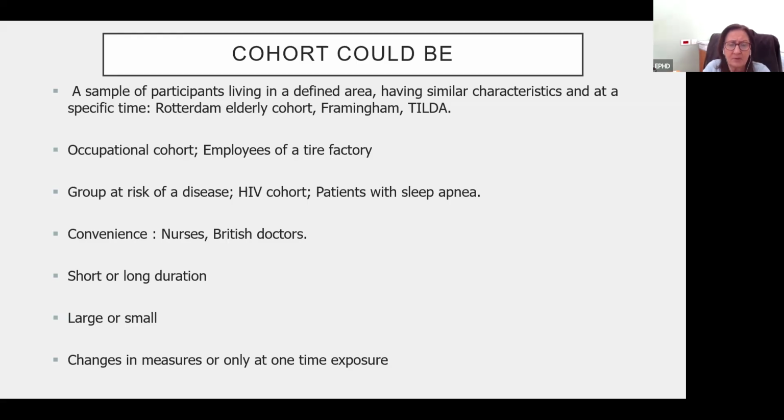Sometimes, and this is one of the most common forms of cohort, there is a general cohort built around a specific profession, not to look at how the profession is linked to the outcome, but because of the convenience, because of the availability of these participants, such as nurses or doctors.